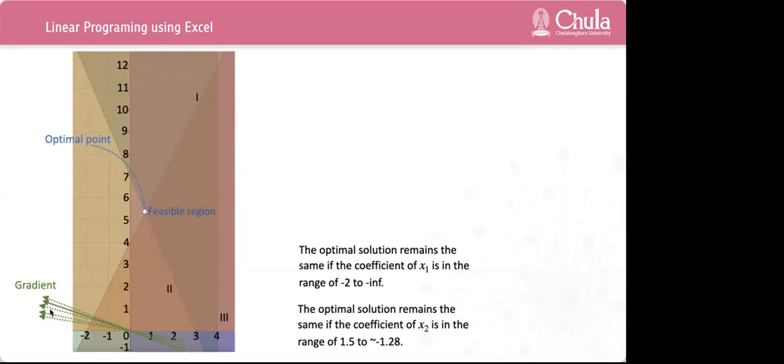And this is the direction of our gradient. The solid line is the direction of the gradient of the objective function. You see that when we move this way, we increase the value of our objective function.